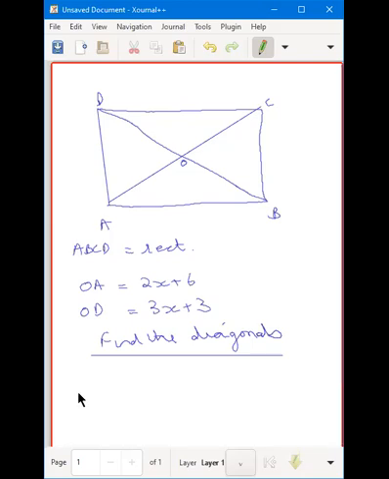Find the diagonals, all of you. Come on, easy one.